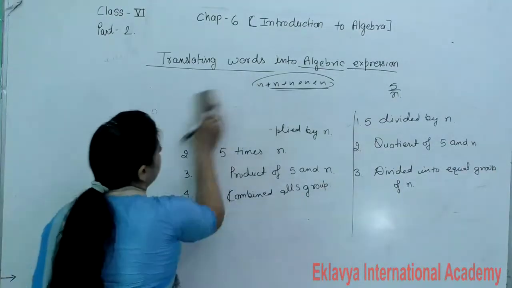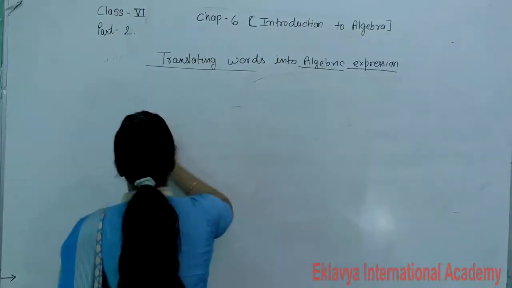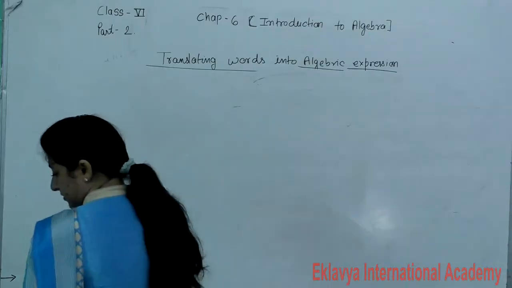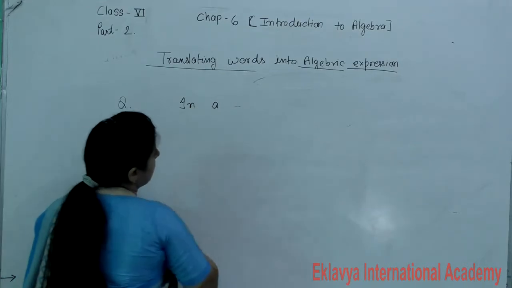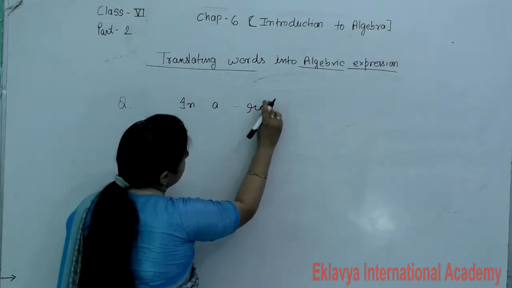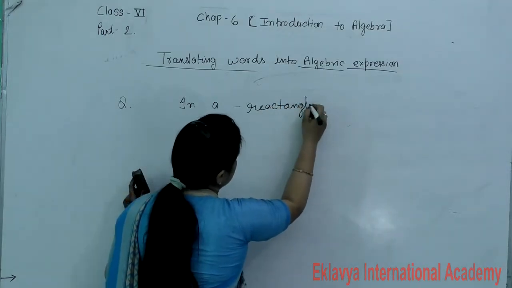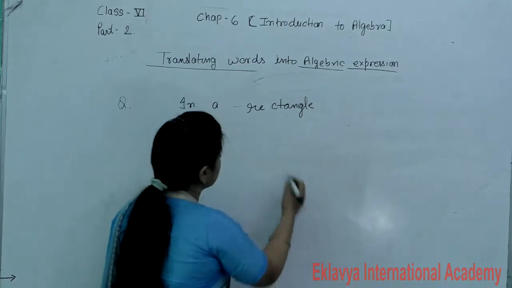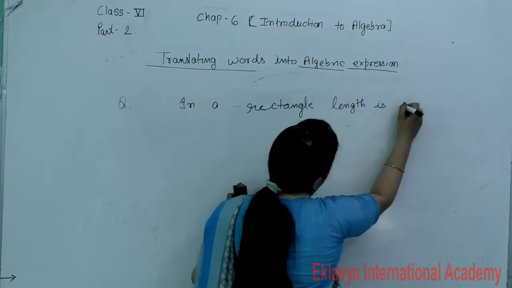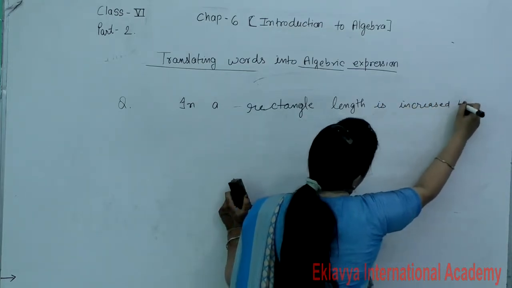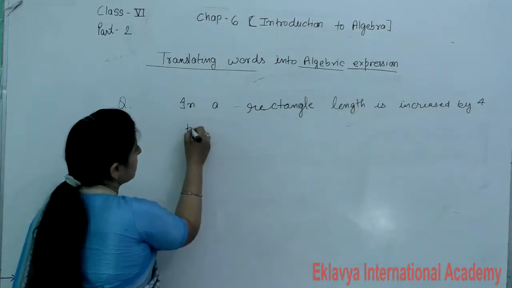Now see more examples of how we use this in our questions. Suppose it is given to you: in a rectangle, length is increased by 4 to breadth.